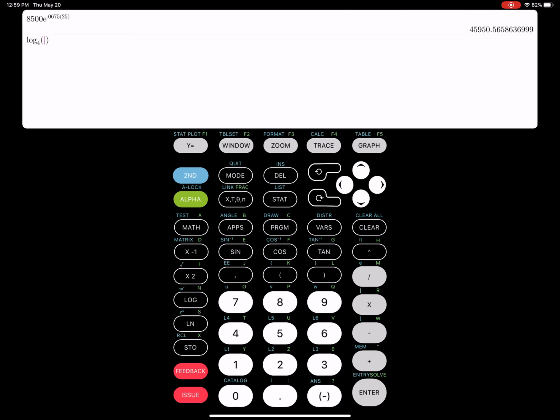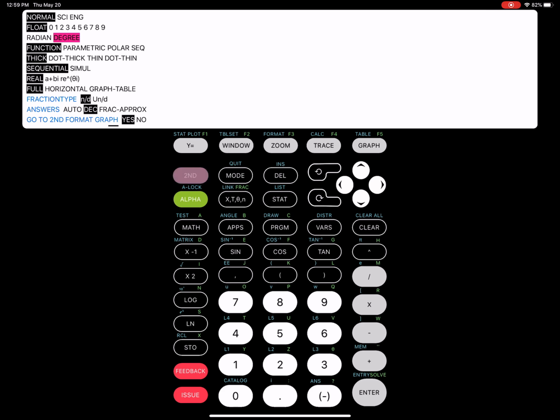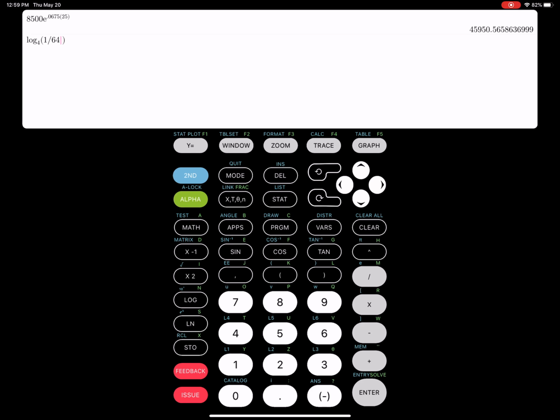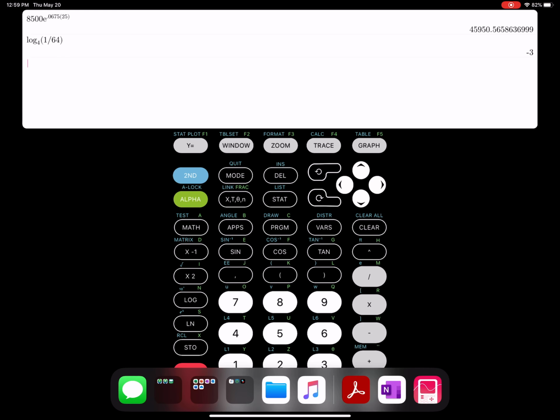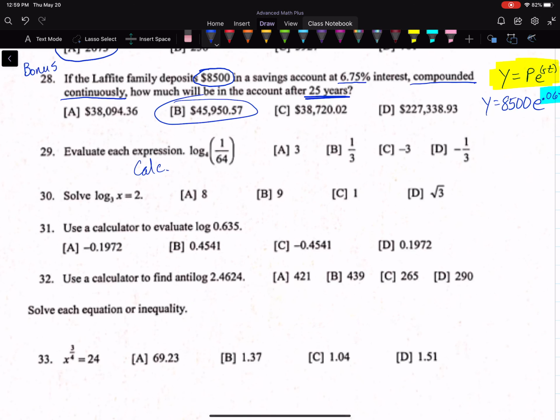Log base 4 of 1 over 64. And close your parentheses and hit enter. And you get what? Negative 3. So that is C. Piece of cake.